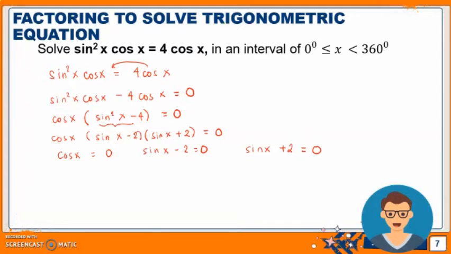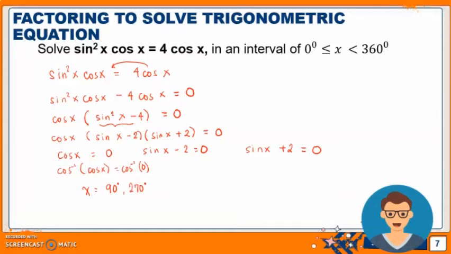So applying the arc cos or the inverse cos, cosine negative 1 of cosine x, also cosine raised to negative 1 of 0, so x is equal to 90 degrees, and also where cosine is 0 aside from 90 degrees is 270 degrees.